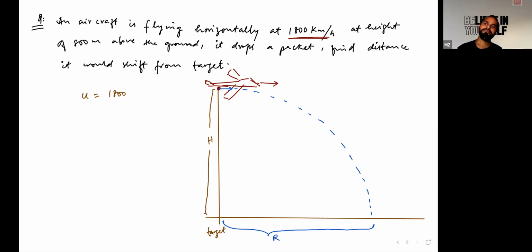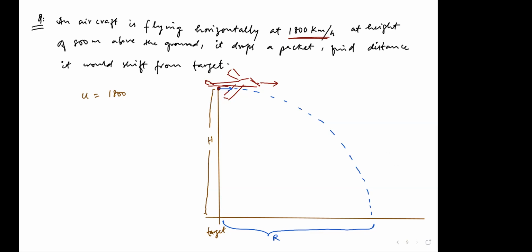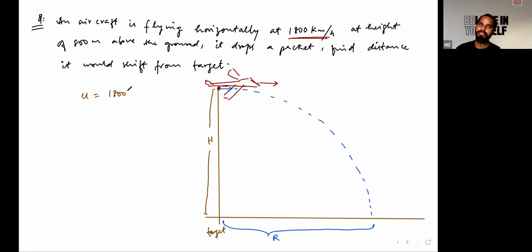Khalid, any doubt? No, sir. Okay. We have initial velocity as 1800 kilometers per hour. Just multiply it by 5 by 18.